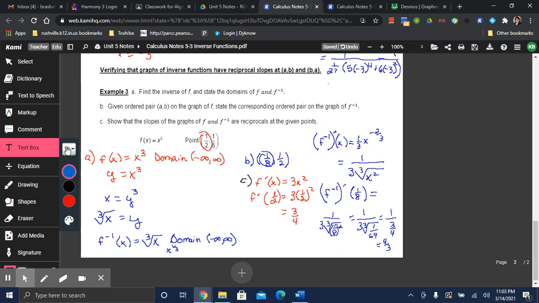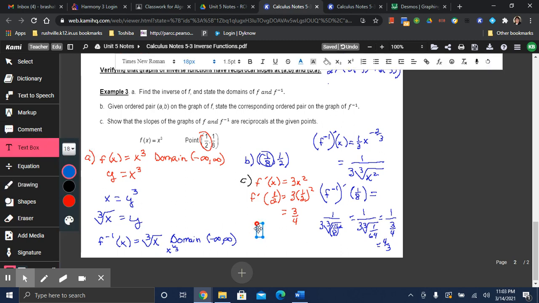these two slopes are reciprocals, and I'll make that statement. The slopes, the derivatives, are reciprocals at A, B and B, A. So this is what you were asked to find.